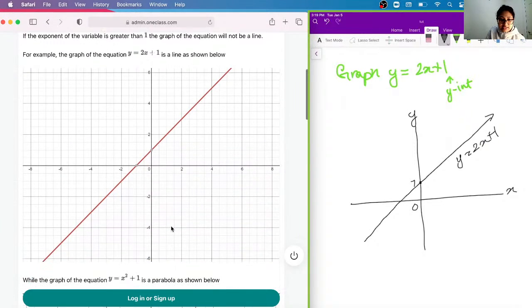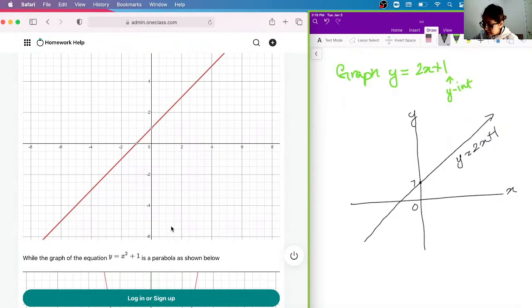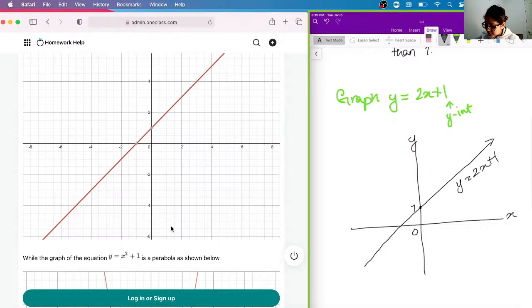Okay. And so the next one, if you want to graph x squared plus 1, so this is a nonlinear. As you can see, the linear one is just a straight diagonal line, just one straight line.